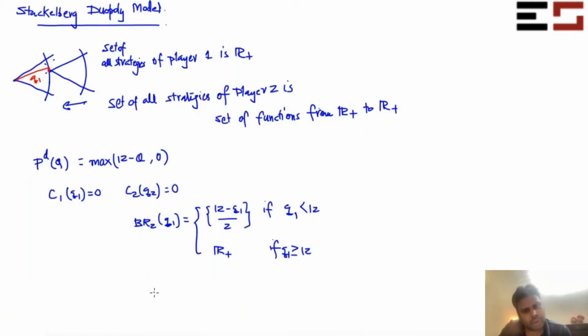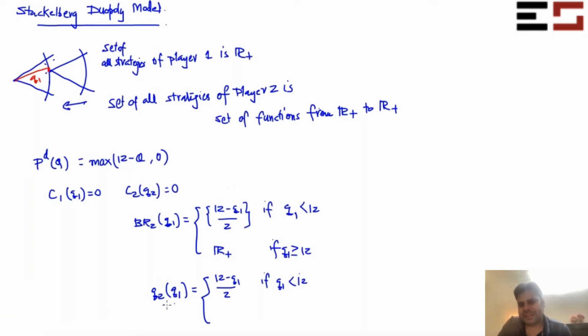So one possible strategy, an example strategy which will work if you're finding the subgame perfect equilibrium, is q2(q1) equal to (12 minus q1)/2 if q1 is less than 12. Notice that this is a strategy, while the other is the best response, a set of best responses.